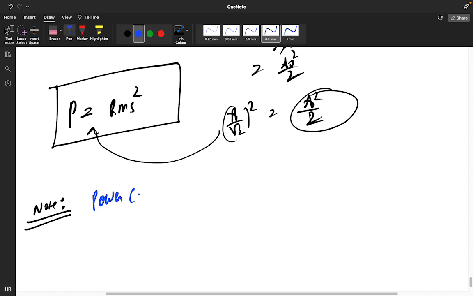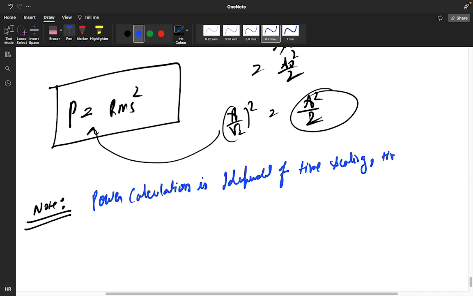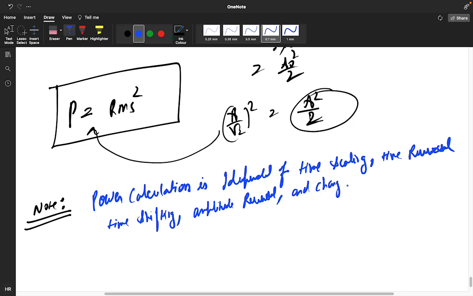Power calculation is independent of time scaling, time reversal, time shifting, amplitude reversal, and change in time period.